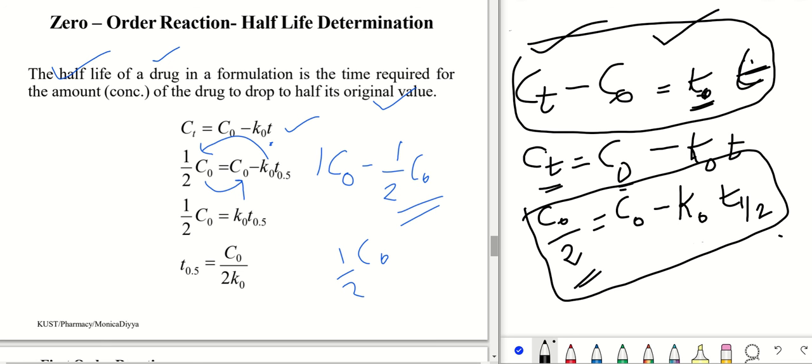So 1 by 2 C0 is equal to K0 into T half, nothing but T 0.5. So T half is equal to C0 by 2 into K0. That is how we calculate the half-life for the zero order reaction. T half of the zero order reaction is equal to the initial concentration of the reactant divided by 2 into the reaction rate constant.